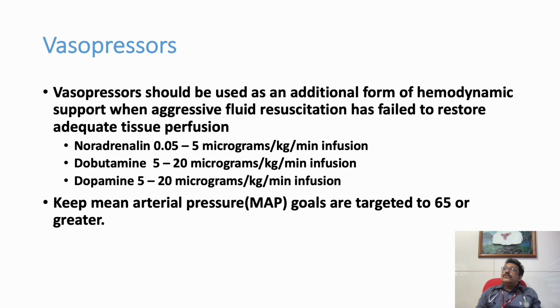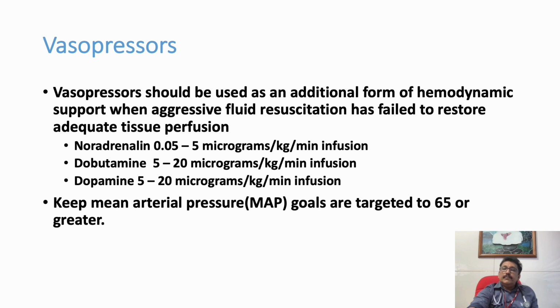If the patient does not improve with noradrenaline, and if the patient is not having cardiac failure, if the patient is having bradycardia, add dopamine as an infusion. If the patient is having tachycardia, you can go for vasopressin. So different types of vasopressors are there. Try to keep the mean arterial pressure target 65 or above.